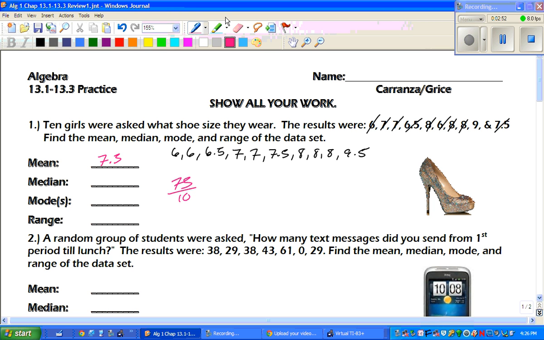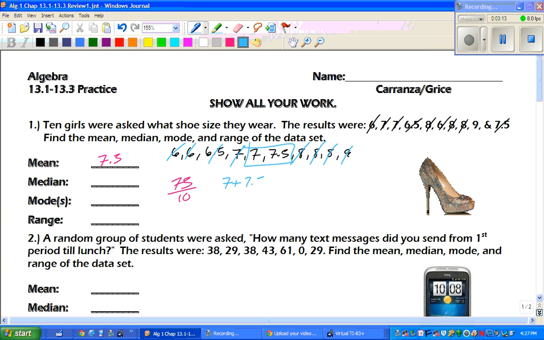Now, the median is the middle number, all right? So that means you cross off 1, you cross off 1. Well, that's why I had 9.5. That's silly, Mr. Grice. I hope you guys were yelling at me. 6, 8, 6.5, 8, 7, 8, and those are the last two numbers.